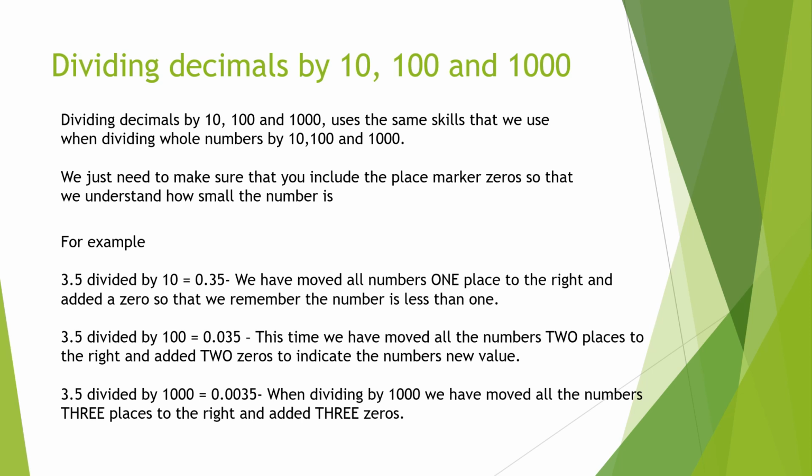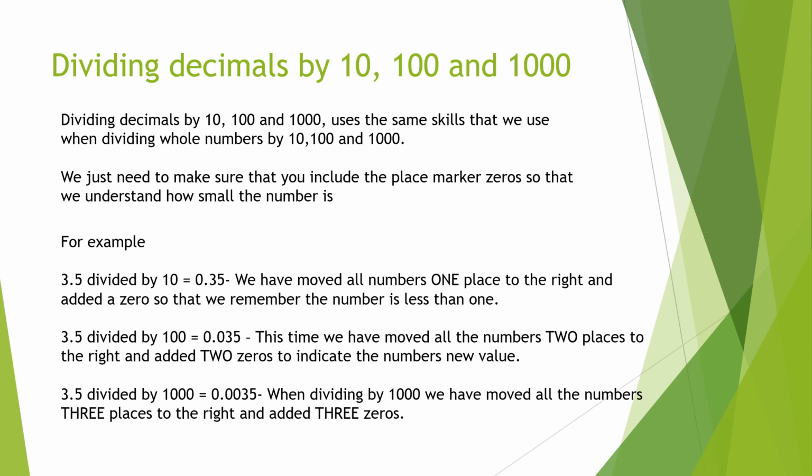Now, when we divide decimals by these numbers, we're using the same skills that we do when we divide whole numbers by 10, 100 and 1,000. We just need to make sure that you include the place marker zeros so that we understand how small that number has become. Okay, so if we take 3.5, we know that that 3 is in the units column and that 5 is in the tenths column.